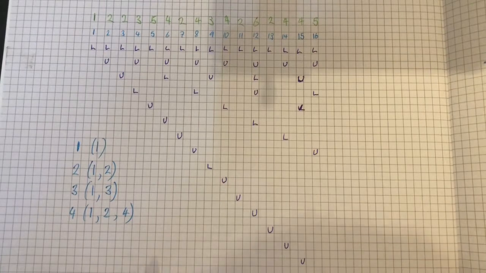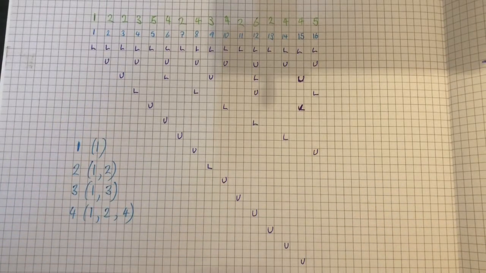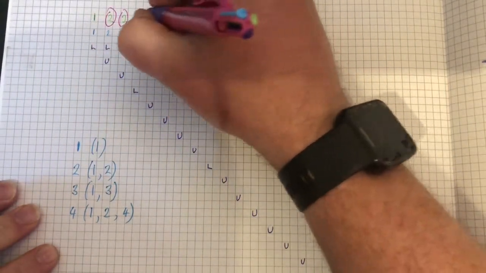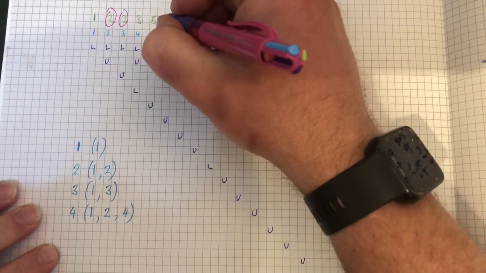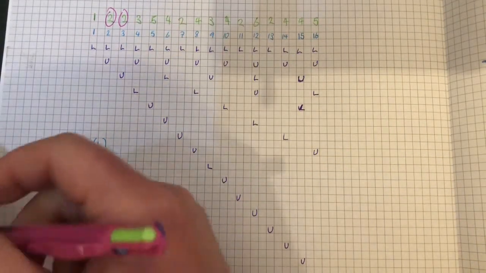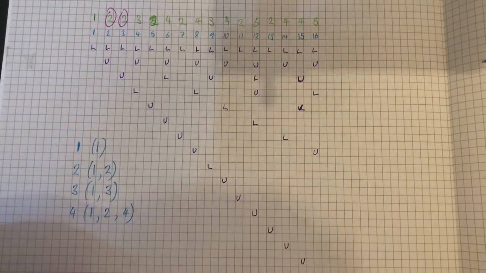Now, if we take a look here, every cell that has been unlocked, I'm going to draw a little circle around. That one's unlocked, that's unlocked. Oops, I made one mistake there, didn't I? Sorry. This number should be 2. Okay.